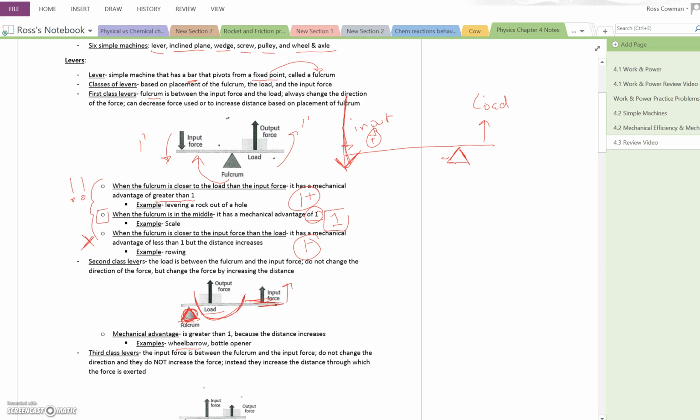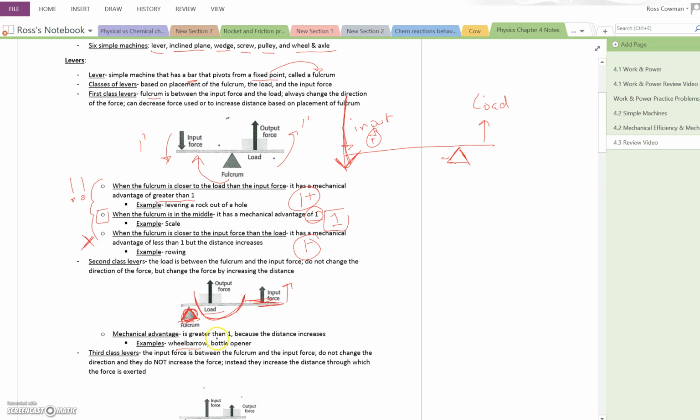You grab here, you move the handle up 2 feet. The actual load only moves up maybe 6 inches or something like that. But you're able to pick up a 400-pound or a 300-pound load of rocks in the bottom of that wheelbarrow. Whereas if you tried to just reach your hands around the base of that wheelbarrow and pick it up on your own, you wouldn't be able to do that.